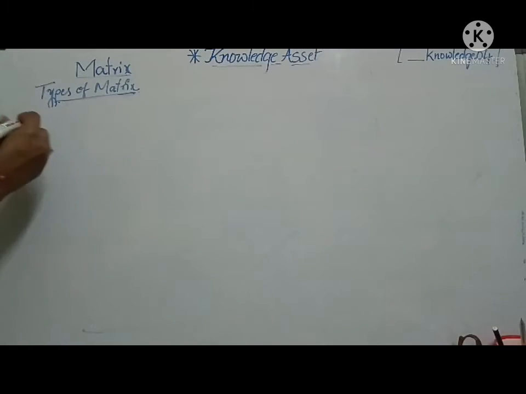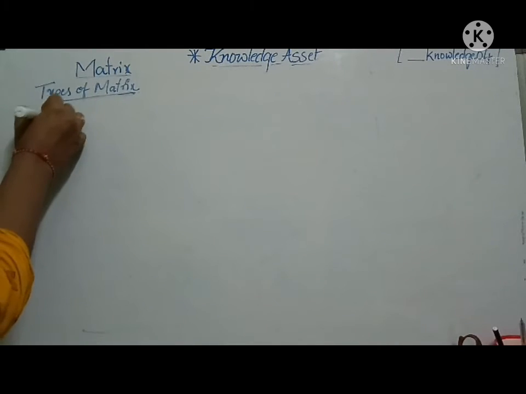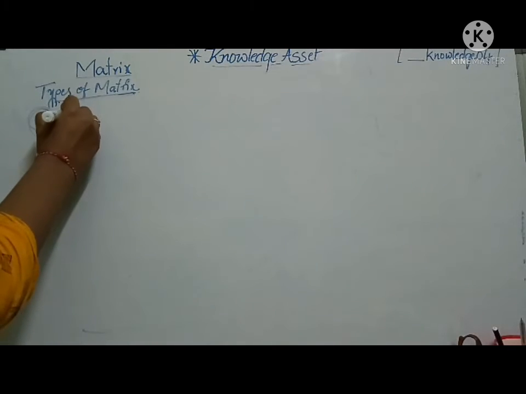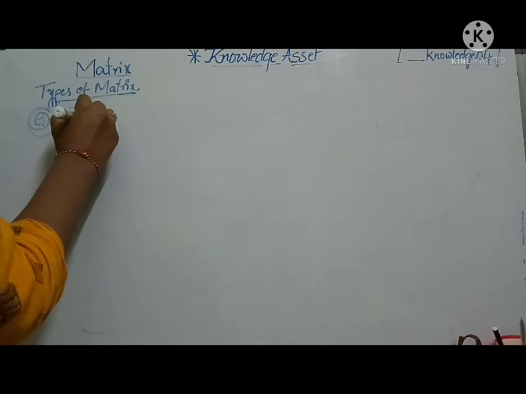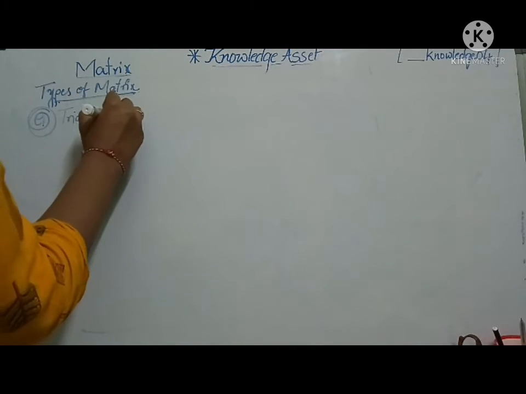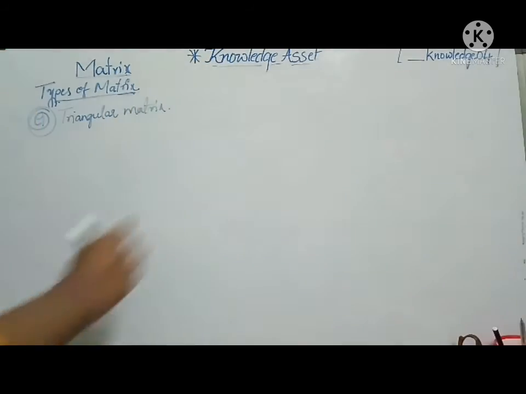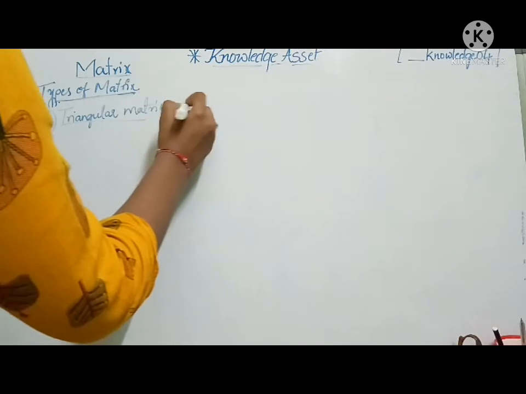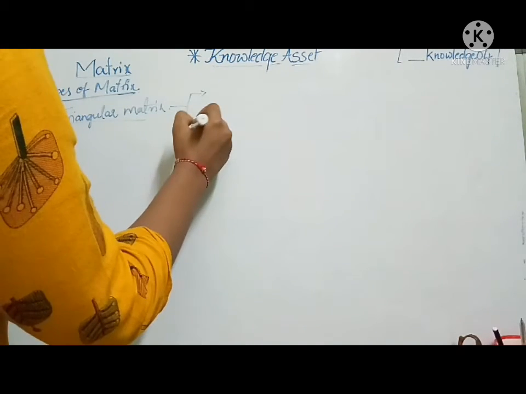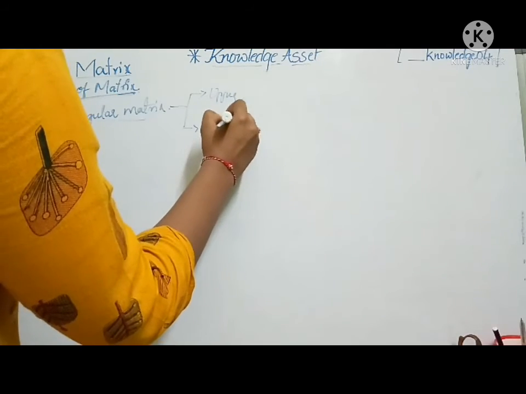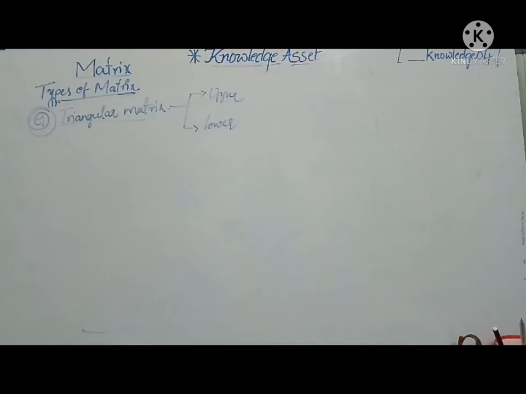And the ninth and the last type of matrix is the triangular matrix. In a triangular matrix, it is classified into two types: upper triangular matrix and lower triangular matrix.